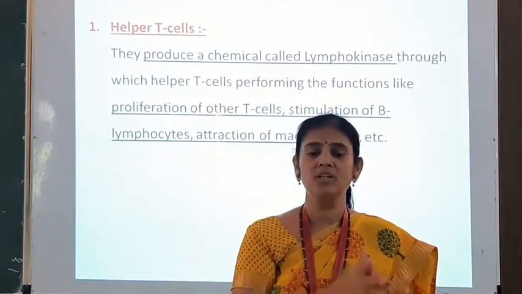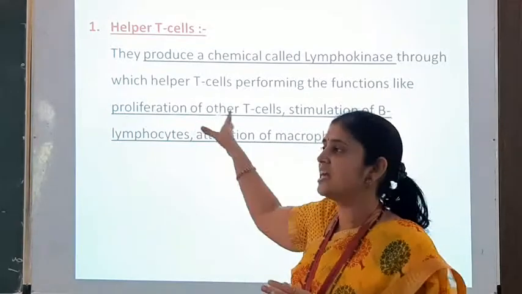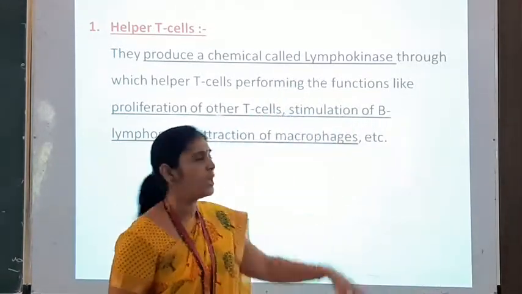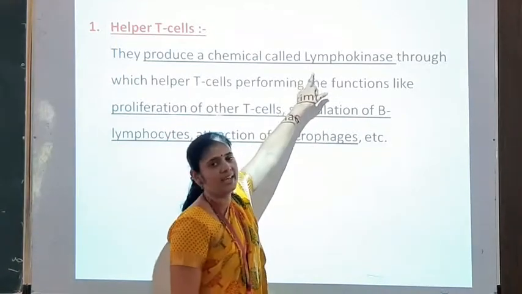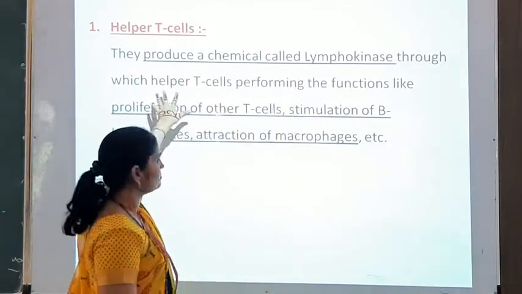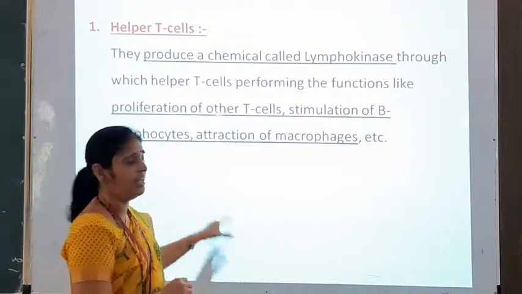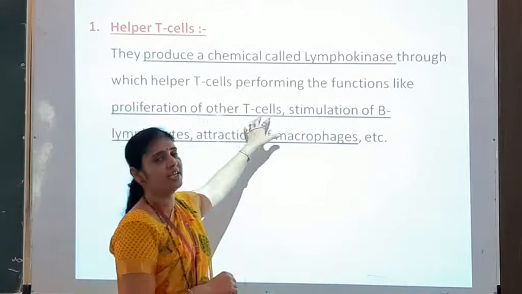Out of that clone, the first type is the helper T cell. These helper T cells secrete a special type of chemical called lymphokinase, through which they perform other functions, like proliferating other T cells.